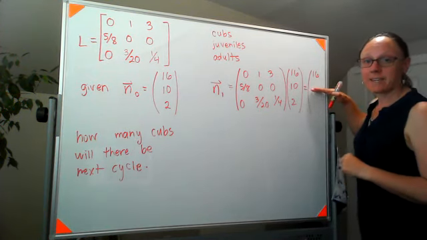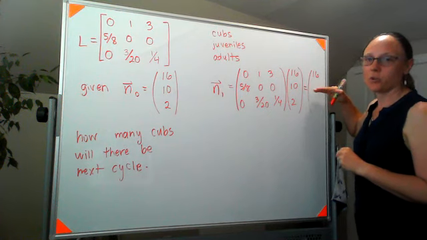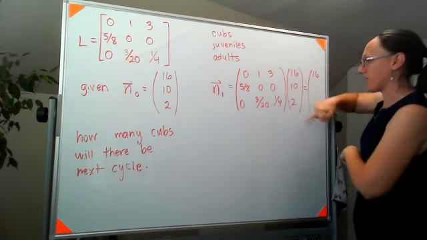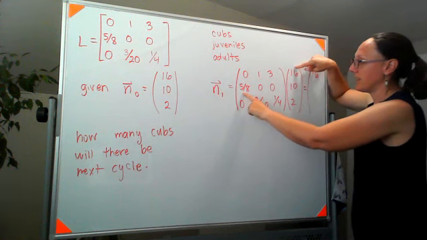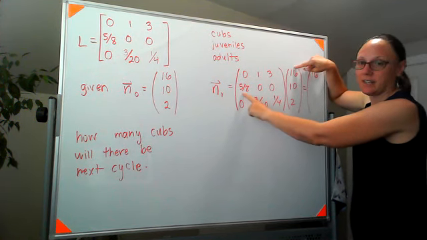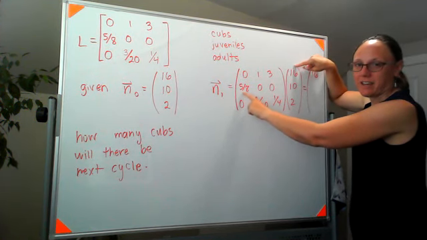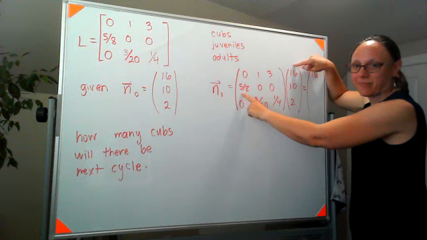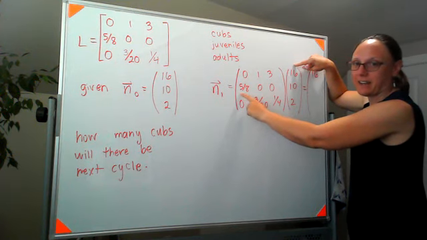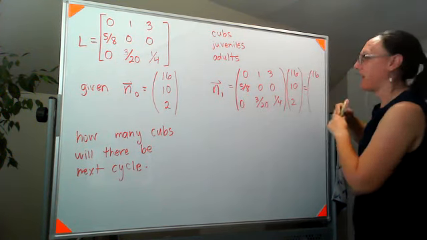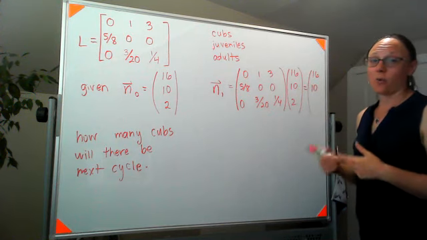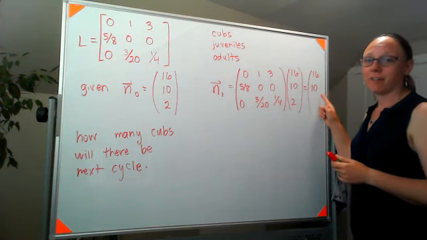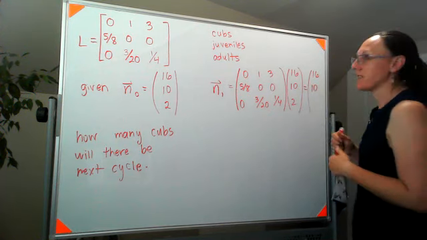So to get what's sitting in row 2, column 1, I need row 2 times column 1. So I've got 5/8 times 16. Now I said the numbers worked out nicely. 5 times 16 is 80, and 80 divided by 8 gives me 10. So after one more cycle, I would have 10 juveniles.